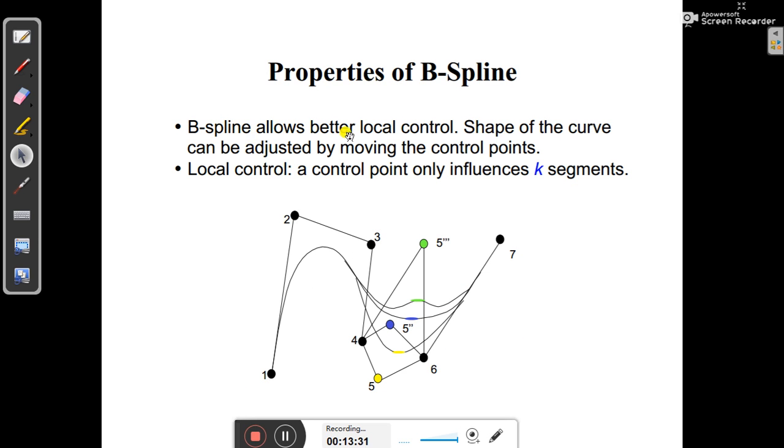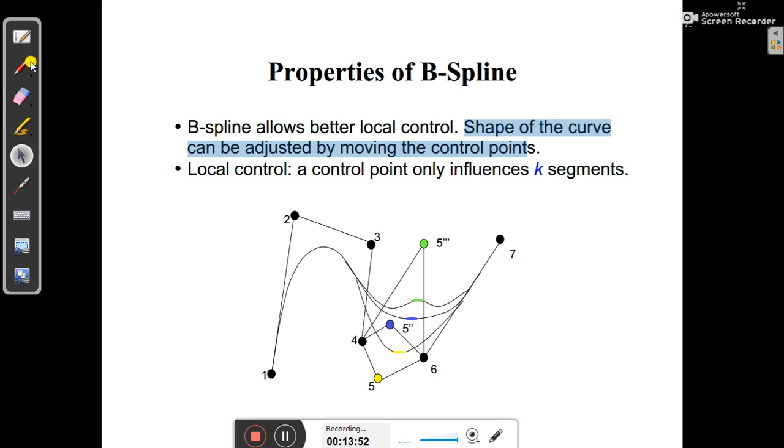B-spline allows better local control. The shape of the curve can be adjusted by moving the control points. Here you can see 1, 2, 3, 4, 5, the original value is 5, then 6, 7. By moving point 5 to here, this whole curve can be changed.